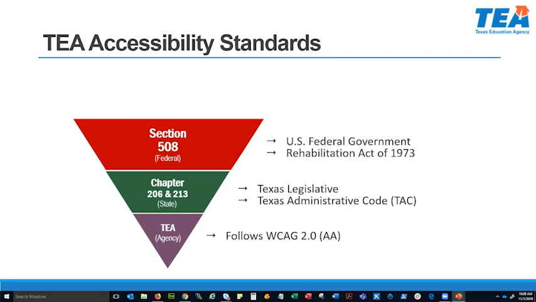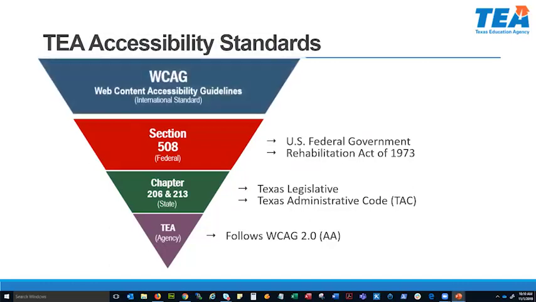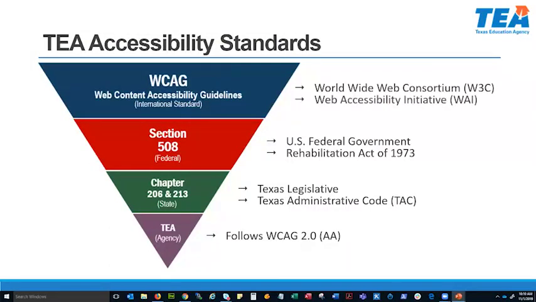And all that is also aligned to the WCAG standards. Like I mentioned, these are the international standards for anything that's on the web, anything that's electronic information. These guidelines provide different kinds of standards for that kind of information.